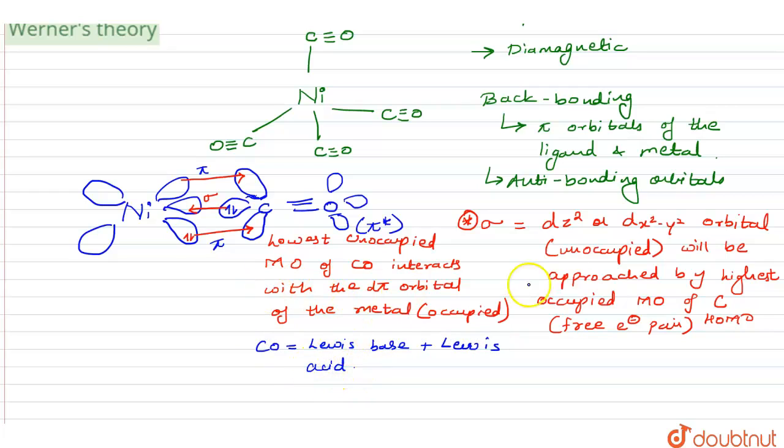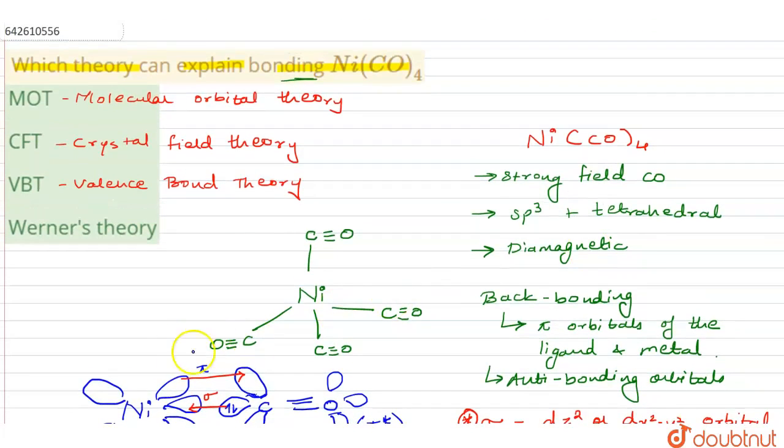In the first case it was behaving as a Lewis base, whereas in the second case it is behaving as a Lewis acid. So this is what we talk about as a back bonding case. In fact, this particular theory comes from the molecular orbital theory, that's MOT, from your chemical bonding concept. Got the point?